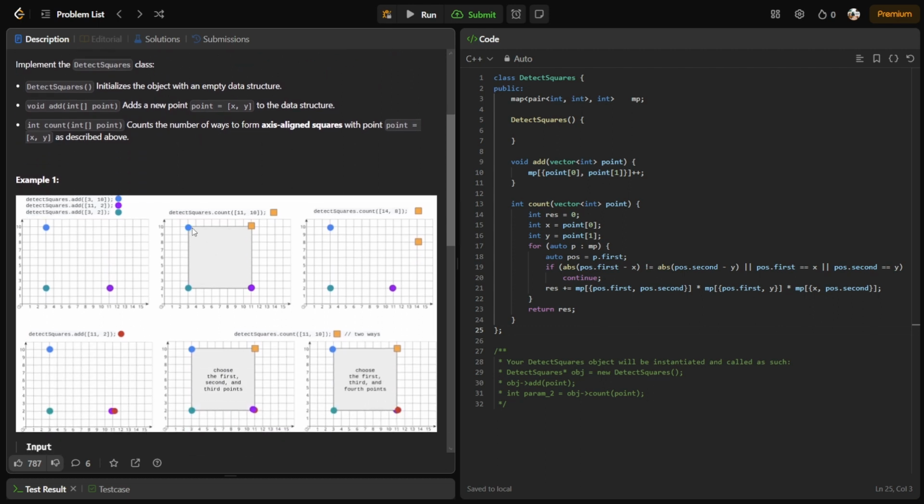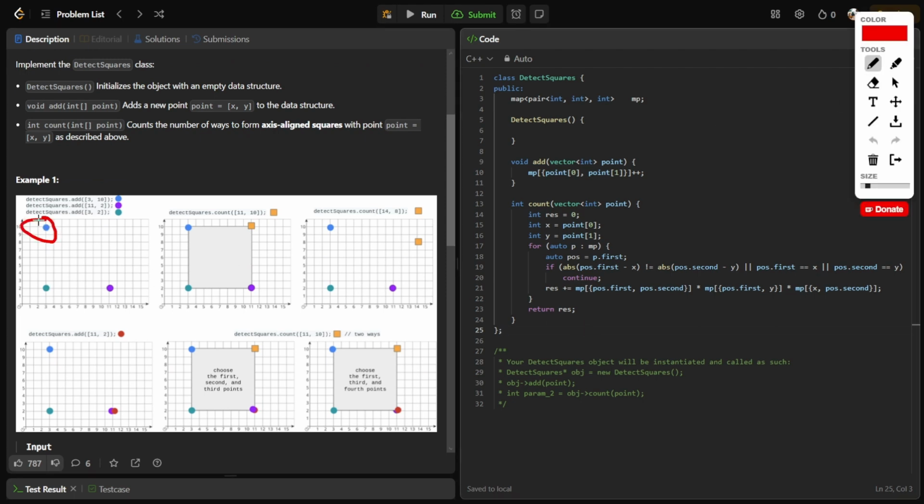A good example: let's say we are given these 3 points here, and this is the query. Based on the previous points that we have stored, we want to find out whether or not this will form a square.